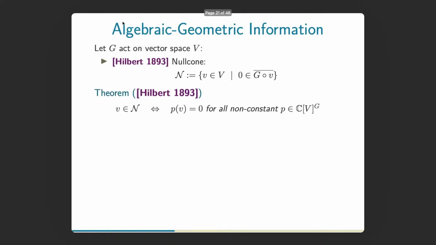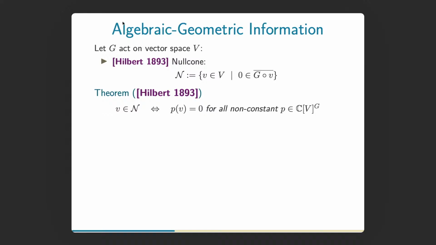Because before Sinkhorn, Hilbert in 1893 defined the null cone as the set of vectors v whose orbit closures contain 0. You can think of these as special, bad points.